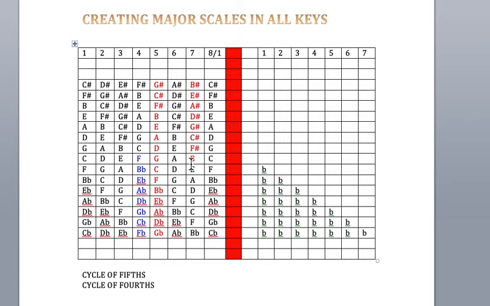Now C major doesn't have any flat, and we go here. G major has one sharp, and D has two sharps.